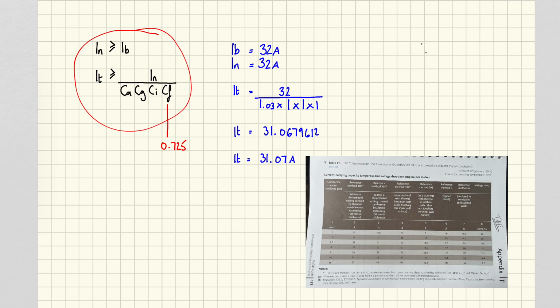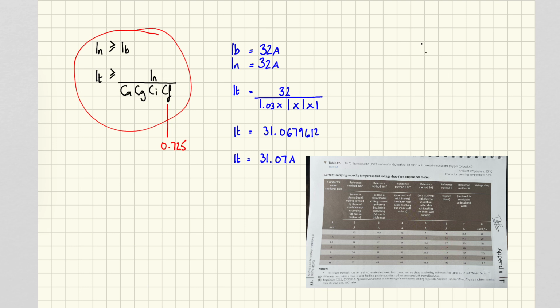Well, we won't be able to see 31.07, but we've got 34 here. We've got 27, 35. So we're looking here. The cable above that, which is 4 mil, so the number of millimetres is the cross-sectional area of the cable. That's the size of the cable there. 4 mil. We can see from this row here, if it's clipped direct, 4 mil would be absolutely fine.